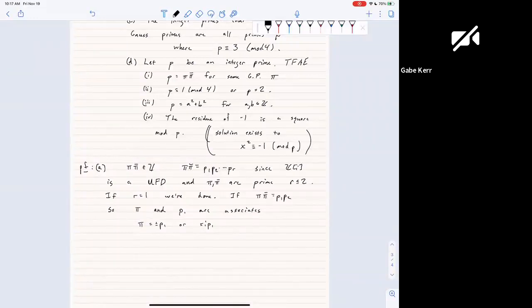If you're on the real line and you take the conjugate, then you're still on the real line. If you're on the imaginary axis and take the conjugate, you get the negative. So this means that pi and pi bar are the same up to associates. So everything is P1, and P2 has to also be associated.